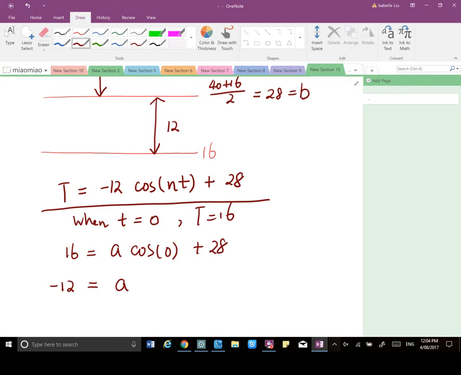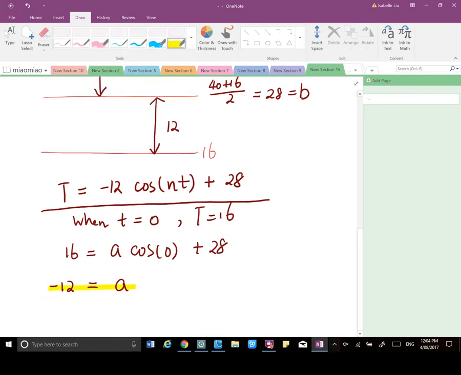You need to use the maximum point or the minimum point on the graph, not the mean line, not the middle points. You must use the max or the minimum to help you define whether A should be positive or negative. That's a checking step you must do when you're given a formula like that and asked to solve for A, B, and N values. So A is actually negative 12.